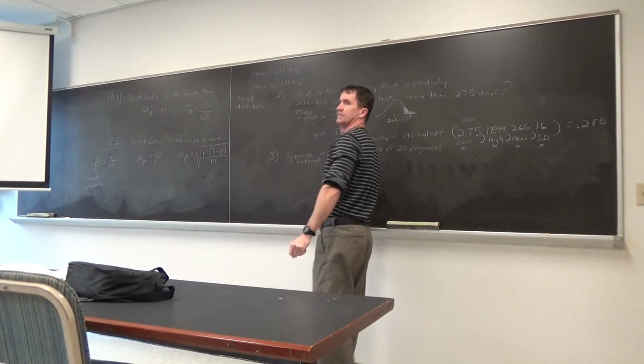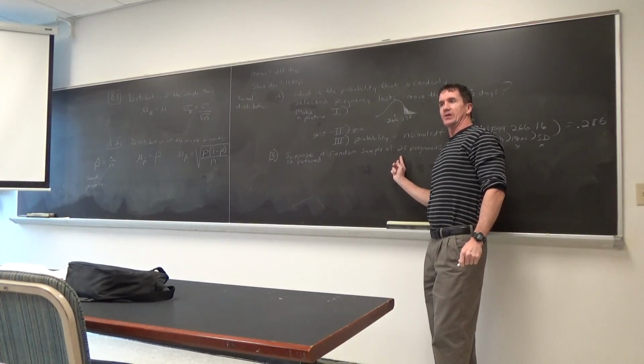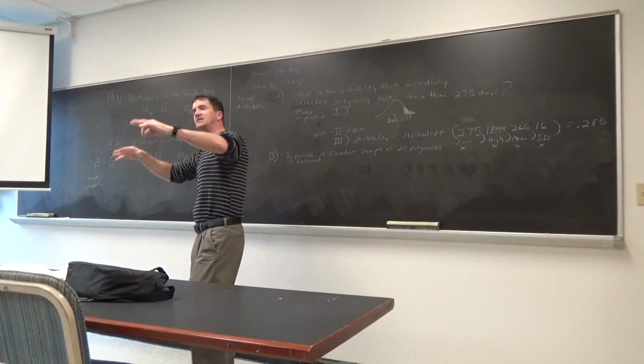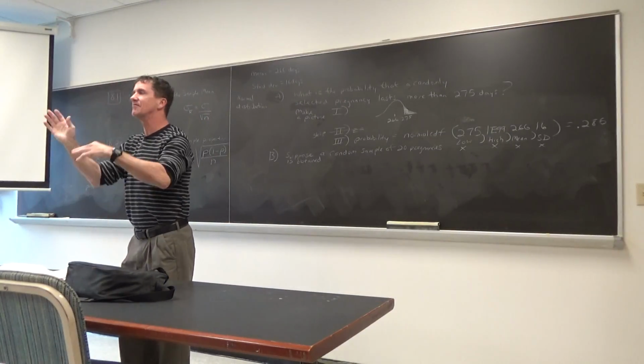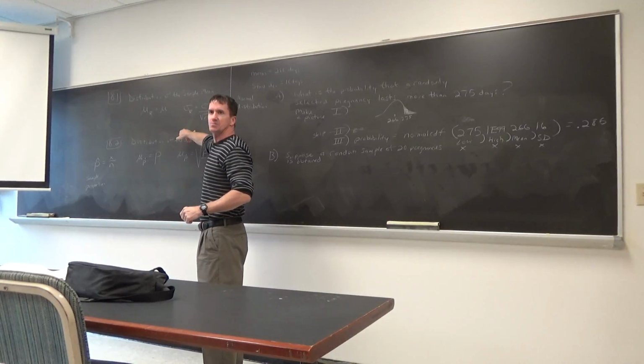So now we've got a sample size of 20, n equals 20, true? I'm going to ask a very similar question, but it's going to deal with the mean of the 20, the average of all 20. So we're getting into something here. We're talking about the distribution of the sample means.